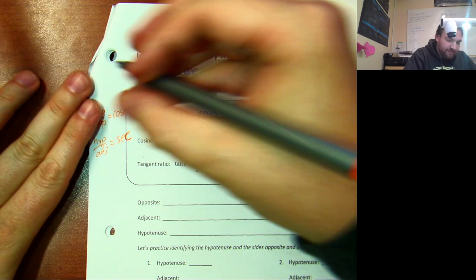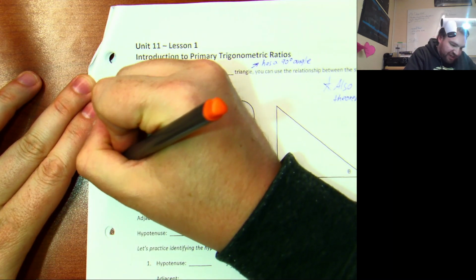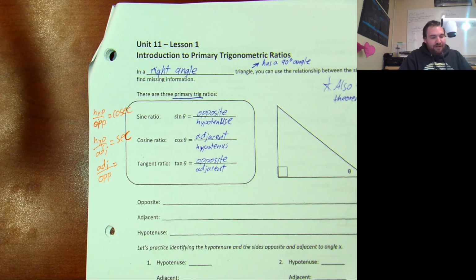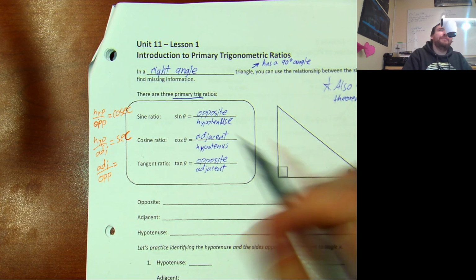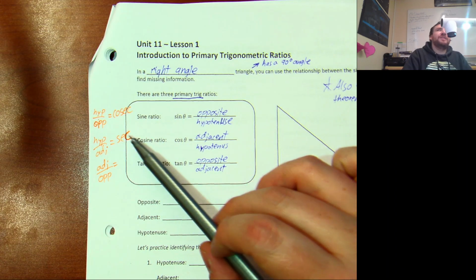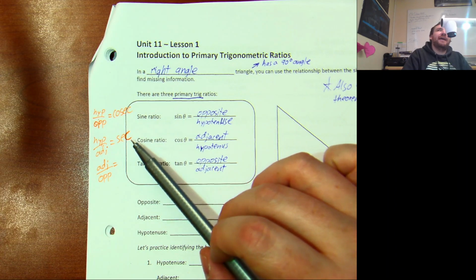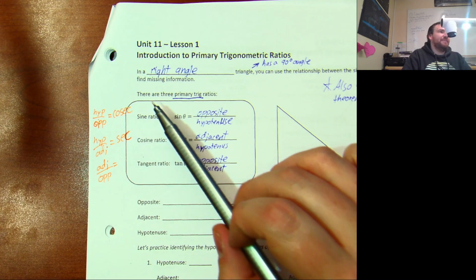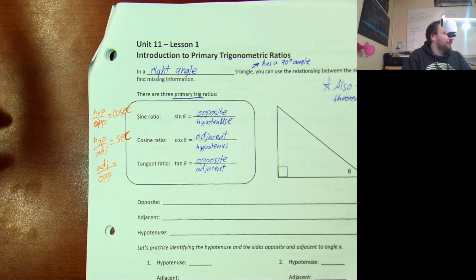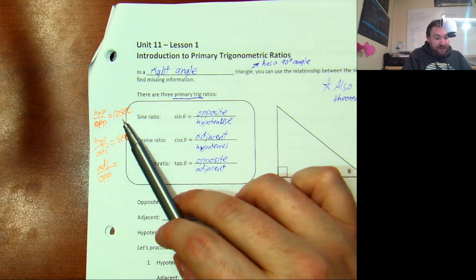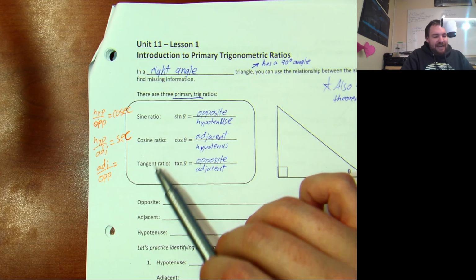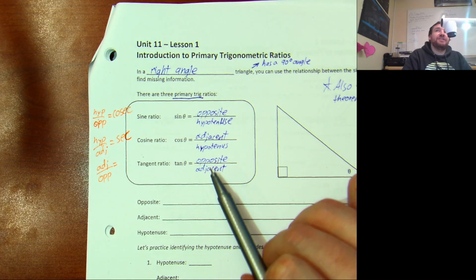And the last one, if you wanted the adjacent over the opposite side. Now things get weird here because sine became cosec and cosine became sec. You'd think that sine would be sec and cosine would be cosec, but they're not. They're the opposite. I don't know why. So sine is cosec, cosine is sec, which is weird. Tangent ratio, you saw, was opposite over adjacent.